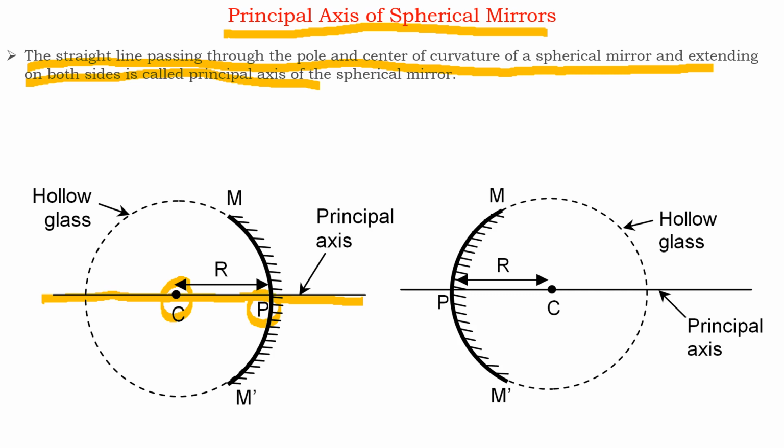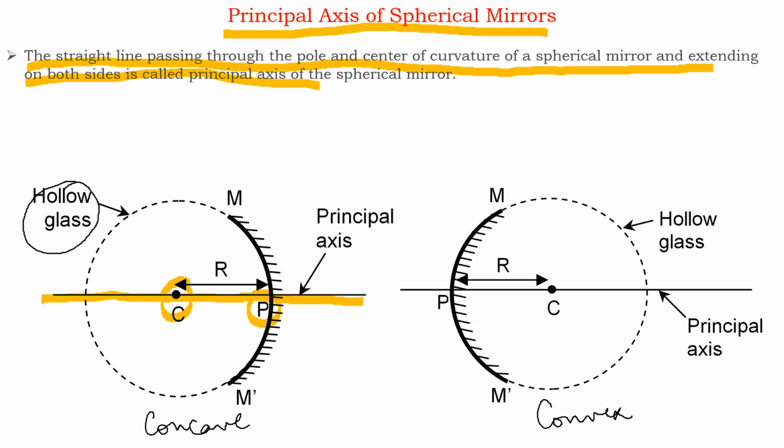So you have both the mirrors here. This is your concave mirror and this is your convex mirror, and both of them are showing the principal axis. They actually consider it as a hollow glass. Hollow glass means a ball which is made up of glass.